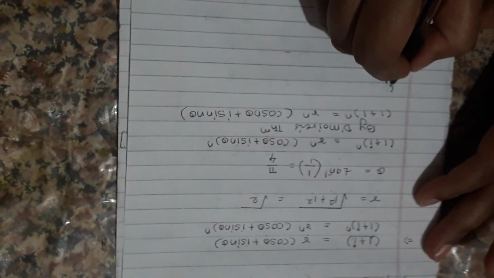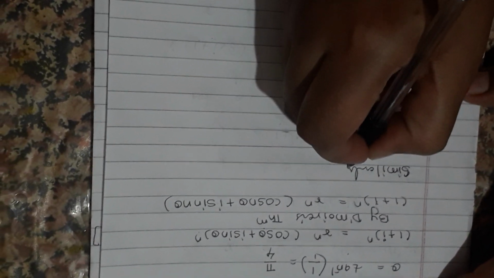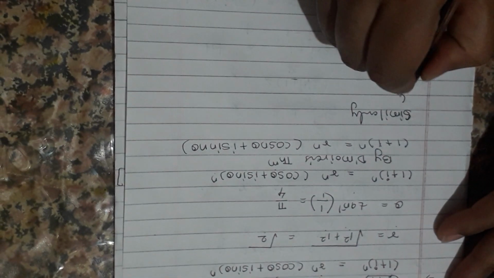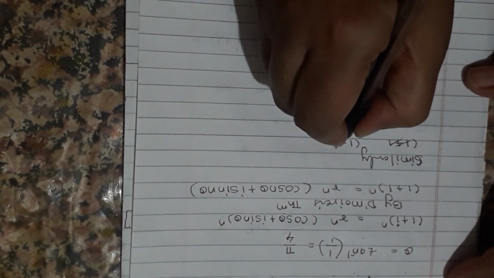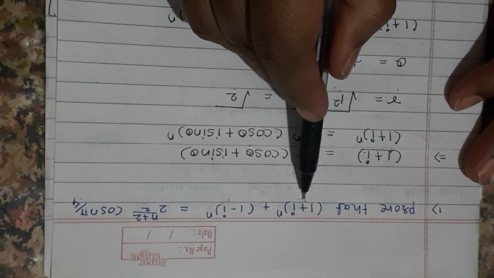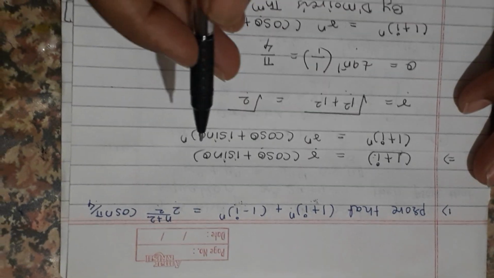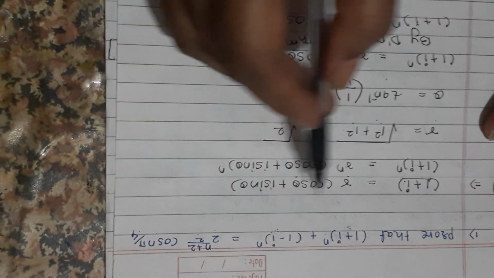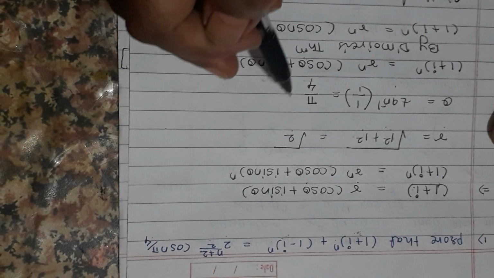Similarly, there is a second complex number, that is 1 minus i. As you concentrate on that number, 1 minus i is nothing but the conjugate of 1 plus i. So for 1 minus i, we get similar values of r and theta.